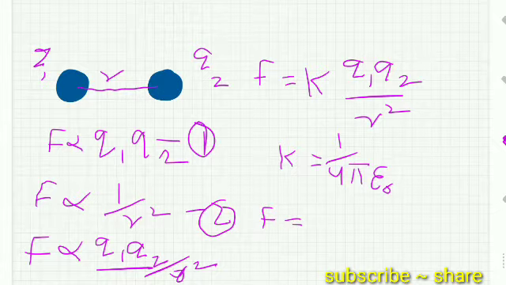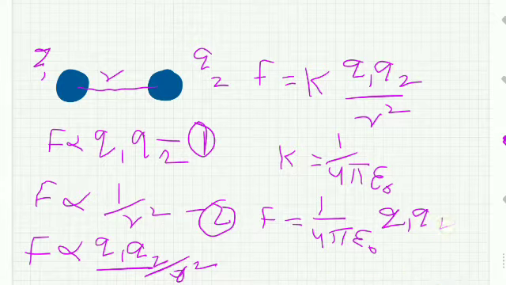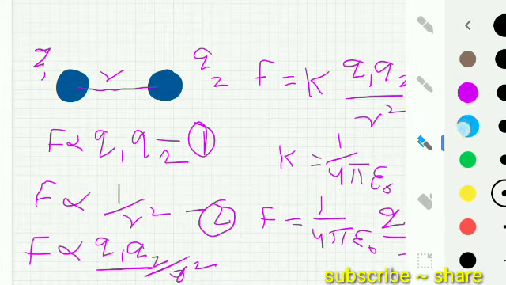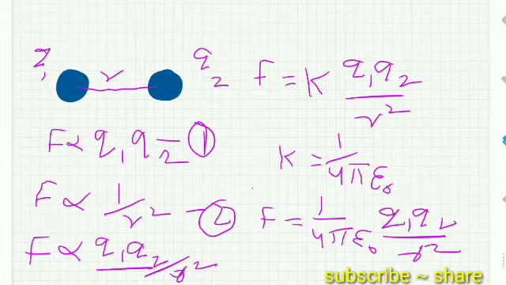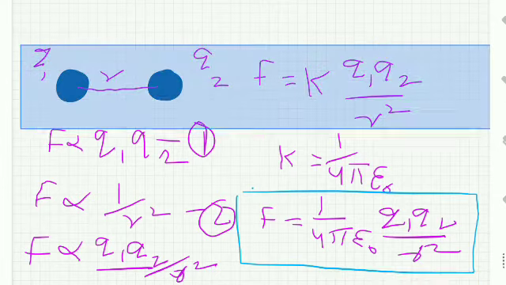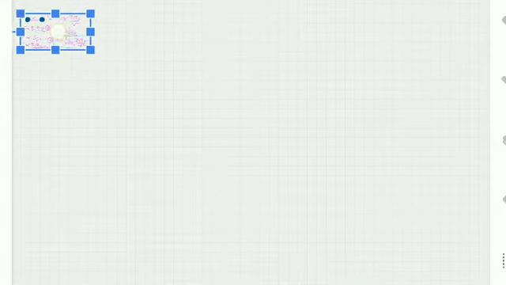You can write F is equal to 1 by 4 pi epsilon naught q1 q2 by r square. This is the force between the two charges.